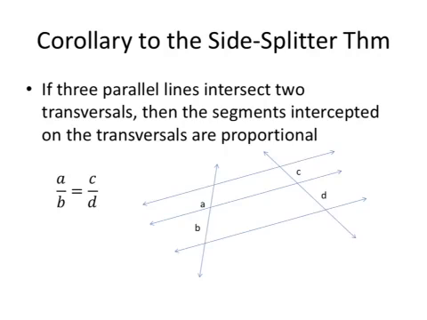But this is the corollary to the side splitter theorem, and it allows us to find lengths when we don't know much else about the properties of the lines. So we'd have no idea about these angles. All we know is that these three lines are parallel and these just intersect randomly. Okay, but it allows us to, without a lot of trigonometry or anything else involved, find lengths of these segments.